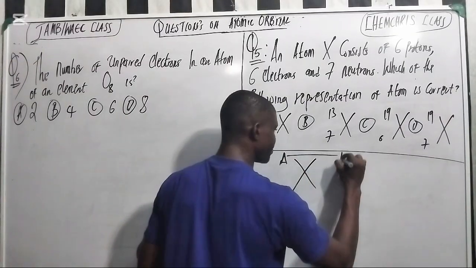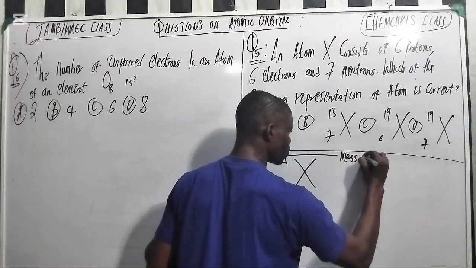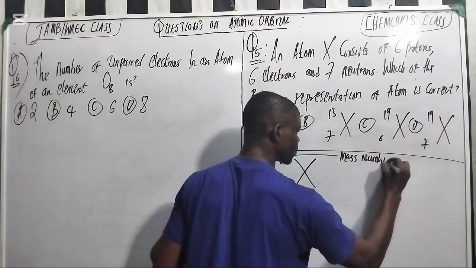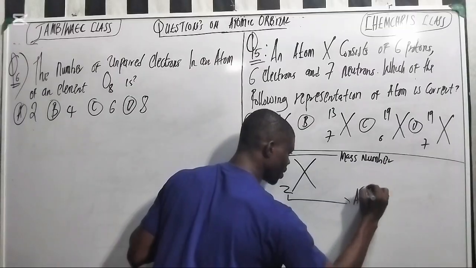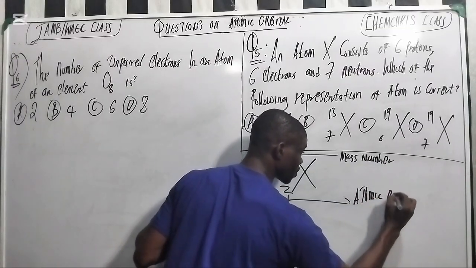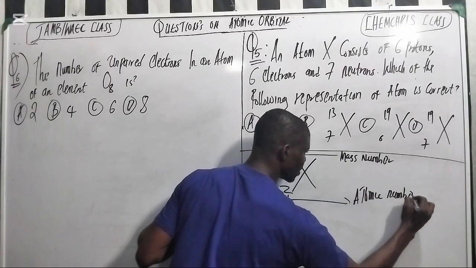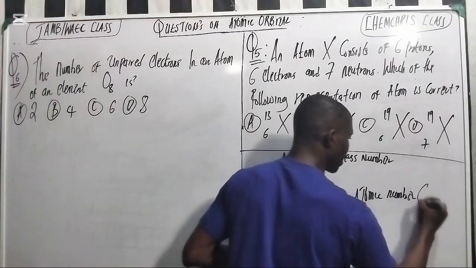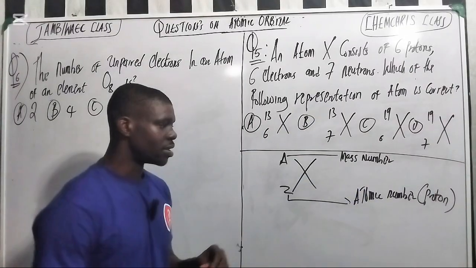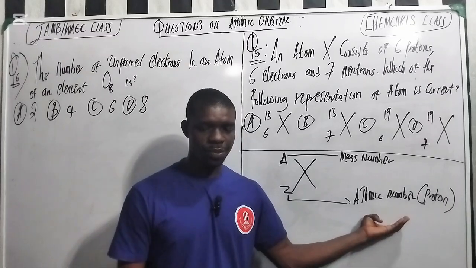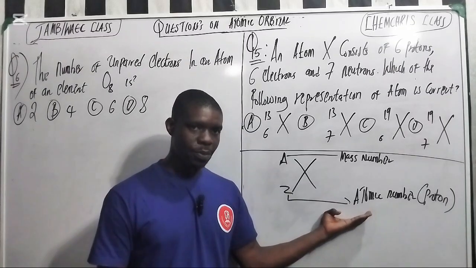A is the mass number. And here Z is the atomic number. The atomic number is also the same as the proton number. The number of protons in an atom is the same as the atomic number.